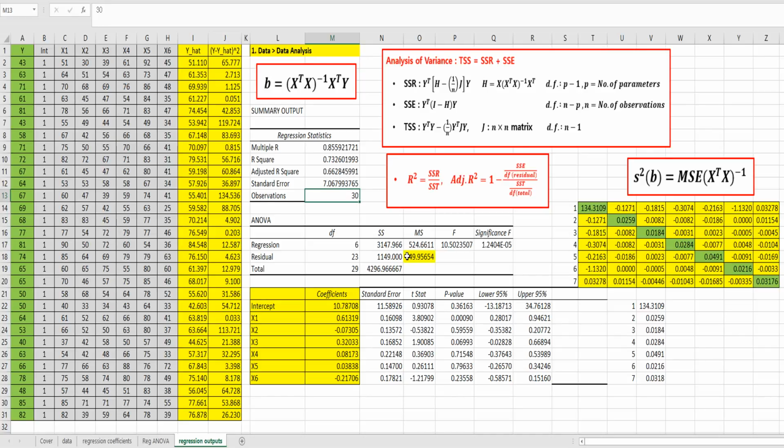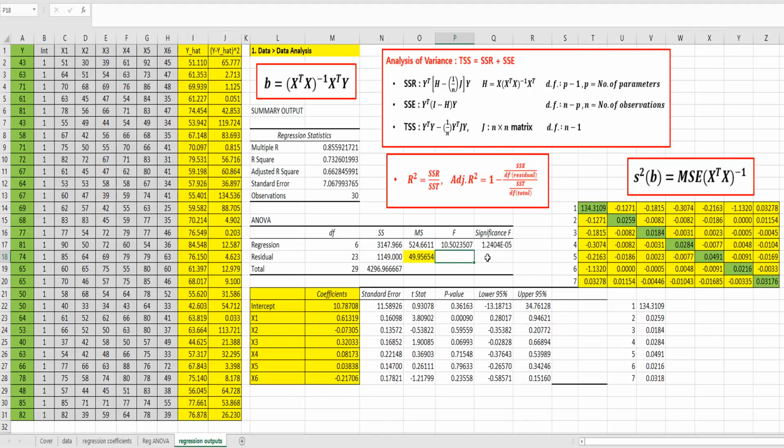Right, that's it. So we were able to get all the tables' data, right? So regression coefficients by using this formula, and standard error is from MSE times x prime x inverse. Then by using the t statistic, we can test whether each variable is significant or not. And in this ANOVA table, again, we calculated the sum of square of regression, residual, and total.